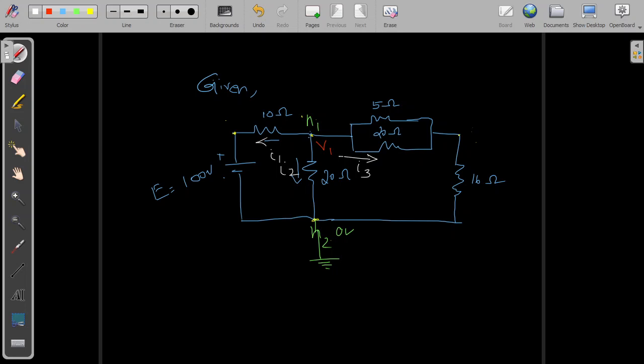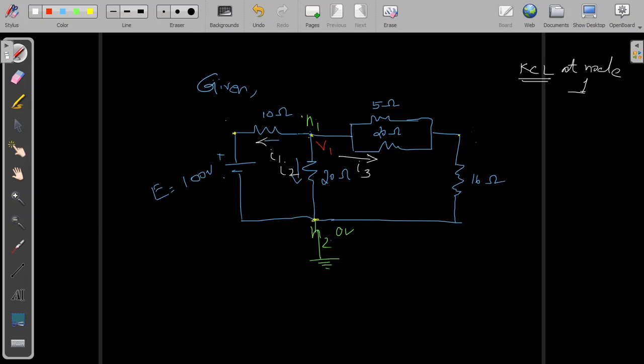Now I am applying KCL, Kirchhoff's current law, at node N1. So what happens is, the algebraic sum of currents entering or leaving the node is equal to 0. Here I am assuming that all the currents I1, I2 and I3 are leaving the node.